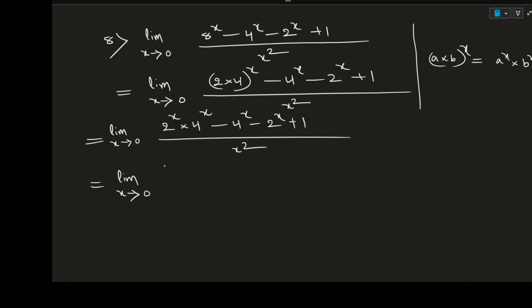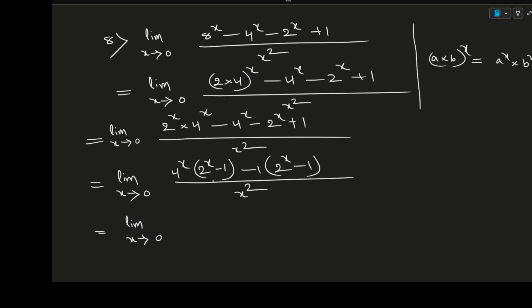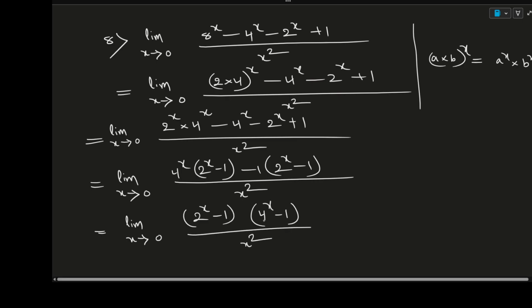From the numerator I will take 4 to the power x common, and it will be 4 to the power x into (2 to the power x minus 1). Now I am taking minus 1 common, and it will be 2 to the power x minus 1. Then I will take 2 to the power x minus 1 common from this term and this term. Then it will be (2 to the power x minus 1) into (4 to the power x minus 1) divided by x square.